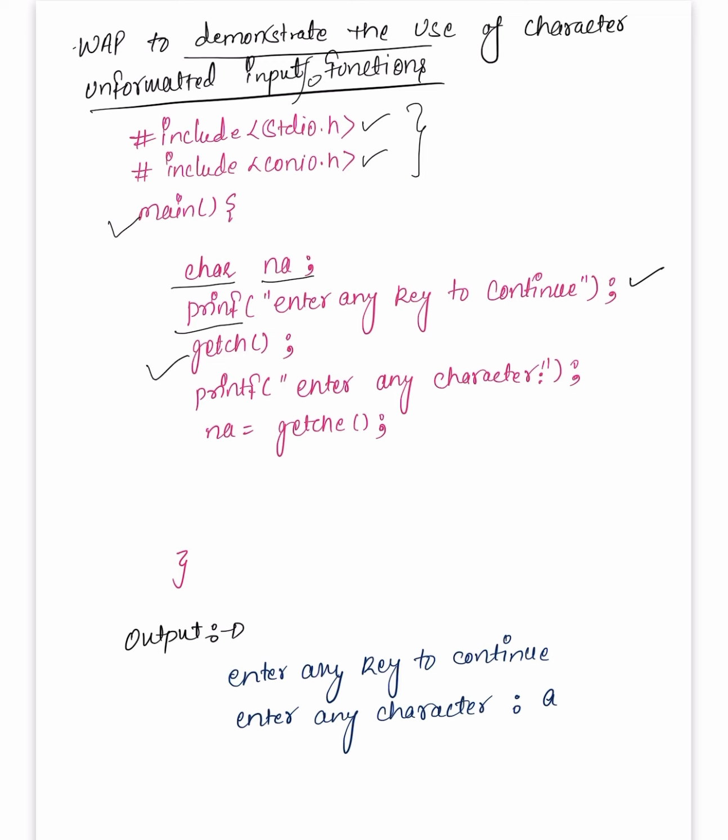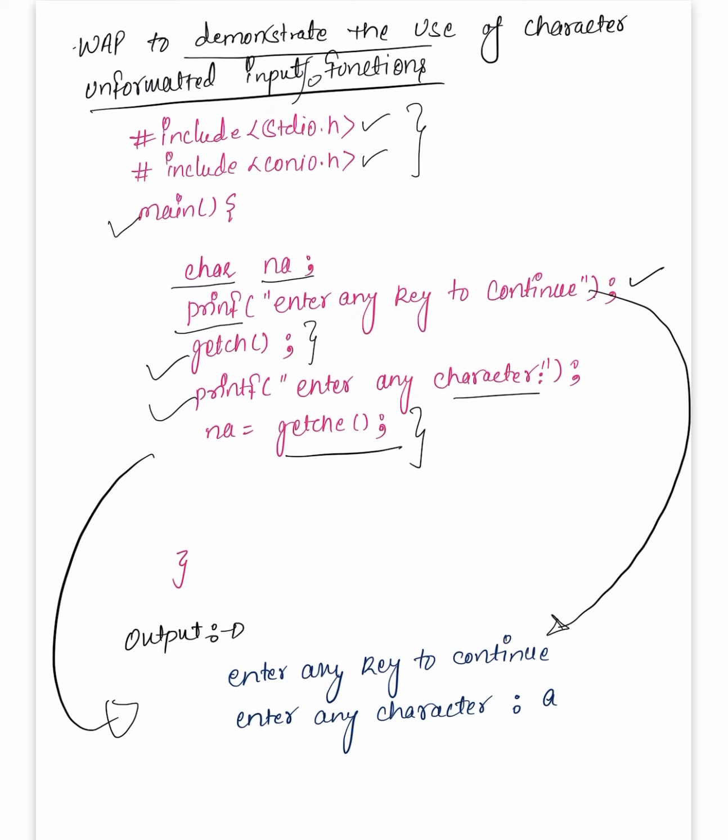After that, the getch function will be used for reading a single character, but the typed character will not be shown on the screen. Next is printf, enter any character, for reading a single character, and we use the getche function here, so the typed character will be displayed on the screen. And the output is shown below, that is first the printf enter any key to continue.